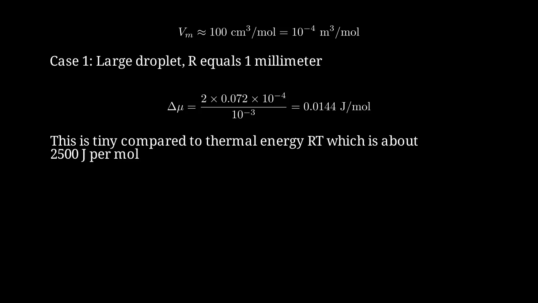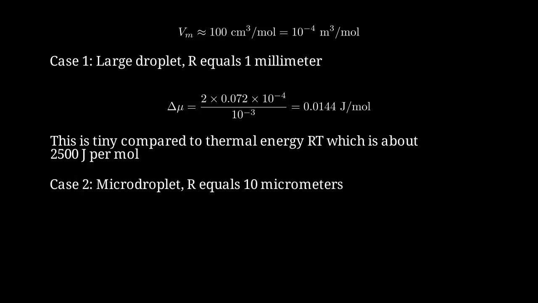The curvature effect doesn't matter at all for millimeter-sized droplets. Now let's consider a microdroplet with radius 10 micrometers, which is 10 to the negative 5 meters. Delta mu now equals 1.44 joules per mole. This is still relatively small, but it's becoming significant.